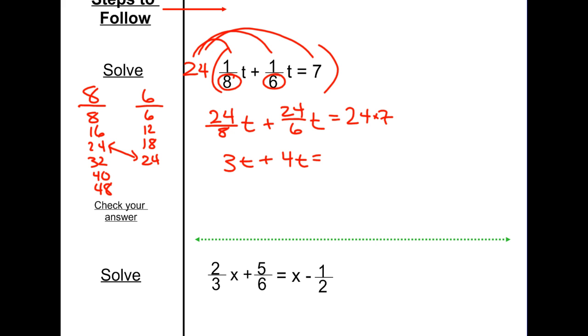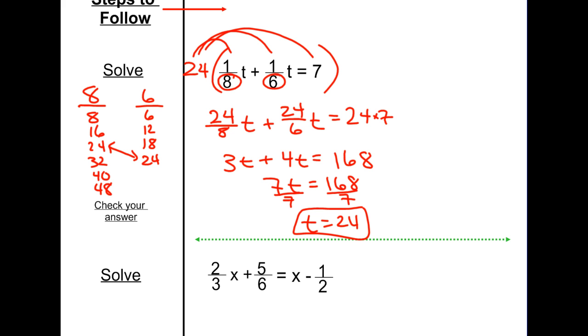Well, 20 times 7 is 140. 7 times 4 is 28, so 168. Now we put those together, we get 7t equals 168. Divide by 7. We already know what this is because we just did that math. t equals 24. That one worked out nicely.